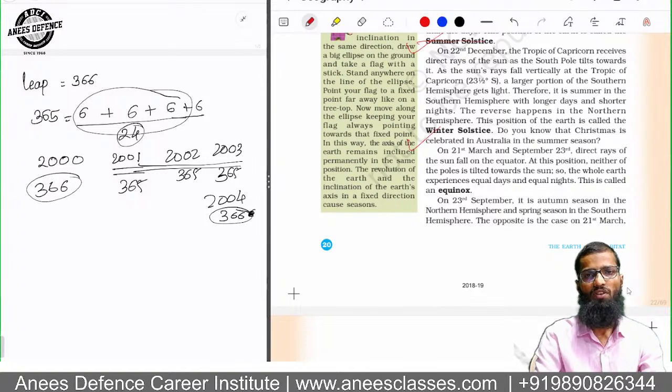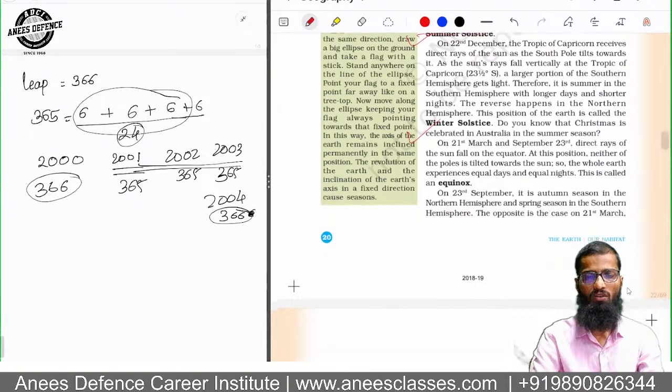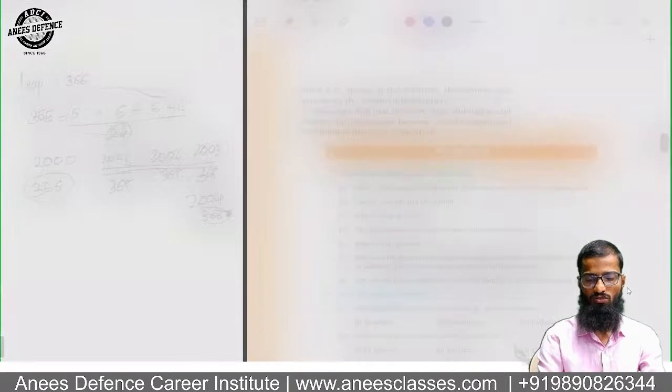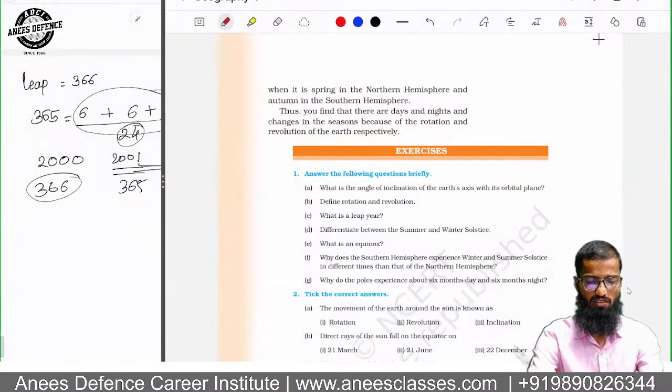Because on equinoxes you do not have any tilt. देखो चेंज क्यों होता है आवर्स में? चेंज होता है टिल्ट की वजह से, एक्सिस के टिल्ट की वजह से। जब एक्सिस के अंदर बिल्कुल भी टिल्ट नहीं है, so there will not be any difference in the day and night. अब इक्विनॉक्स के ऊपर बिल्कुल टिल्ट है ही नहीं, इसीलिए वहां पर इक्वल डेज इक्वल नाइट्स होते हैं. We will try to solve the questions and the exercises.